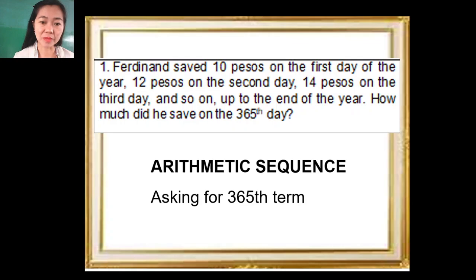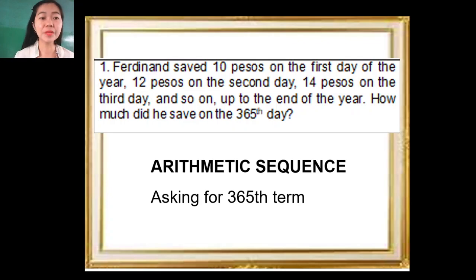Therefore, this problem is an arithmetic sequence because you are asked to find the 365th term, the amount that Ferdinand will save on the 365th day, meaning you are going to solve for the value of a sub n, and that is the nth term of the arithmetic sequence.